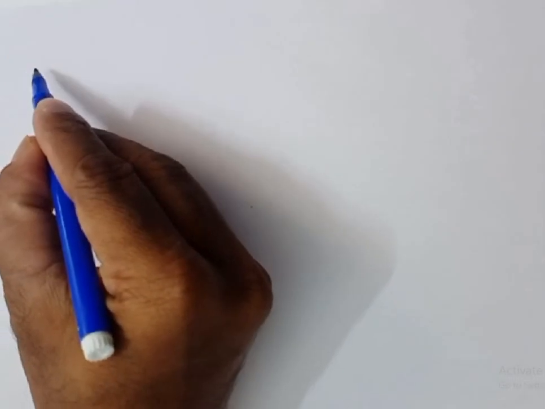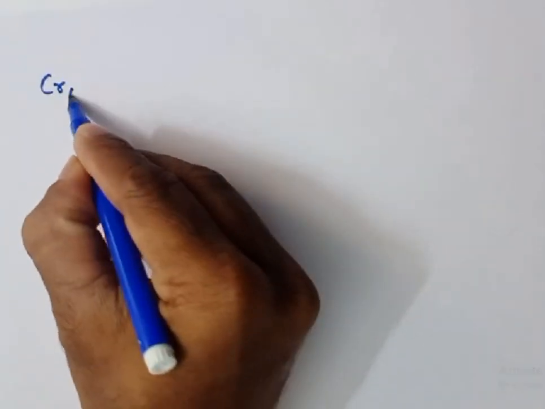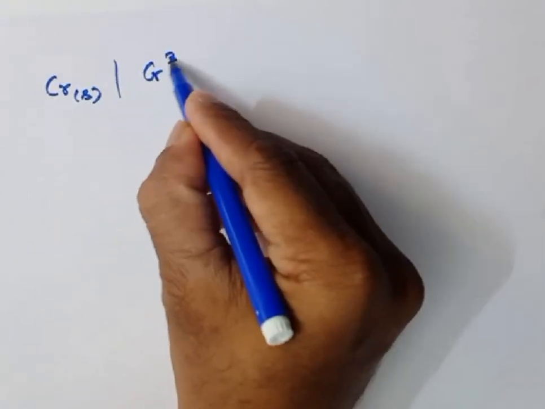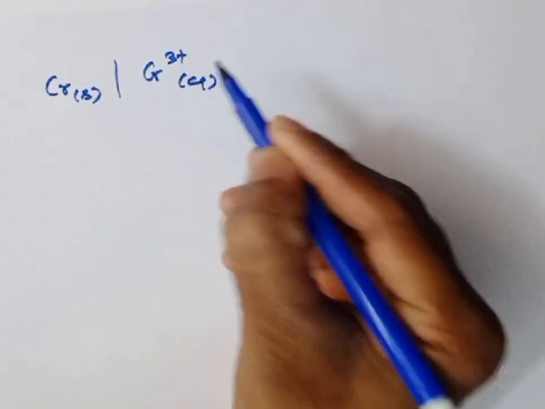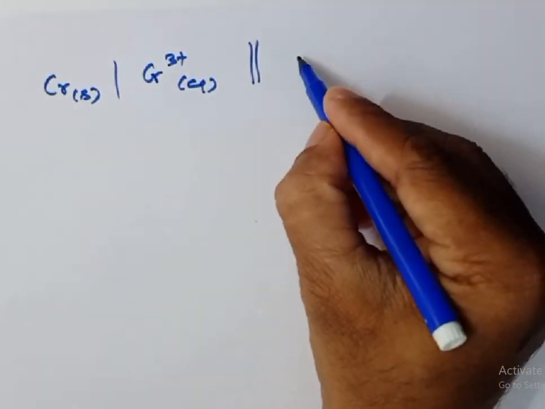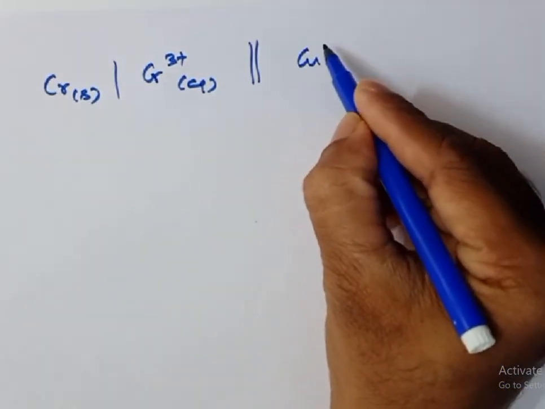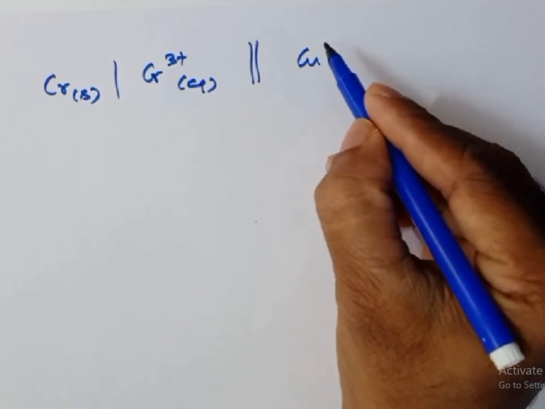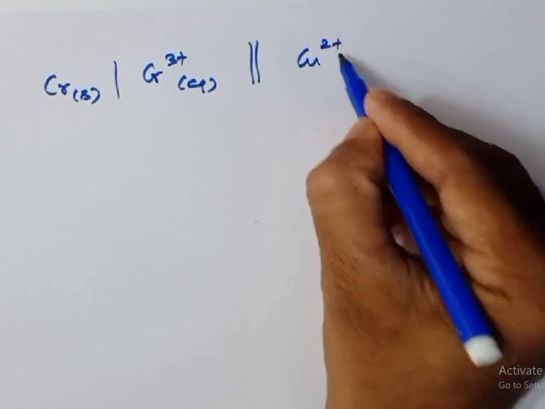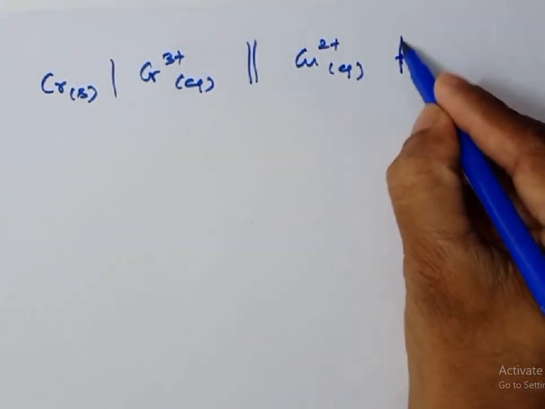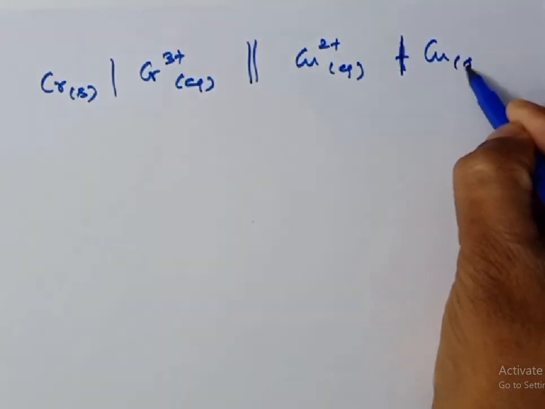Chromium, I'll write here. Chromium solid immersed in chromium 3 plus aqueous solution, salt bridge. Copper is the better example, so I'll write copper 2 plus aqueous, and copper solid.